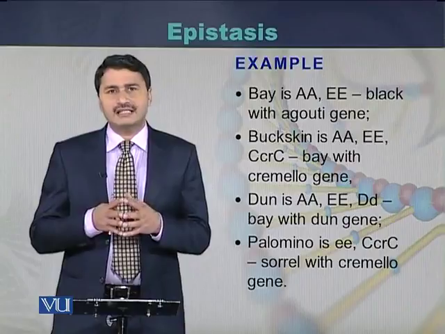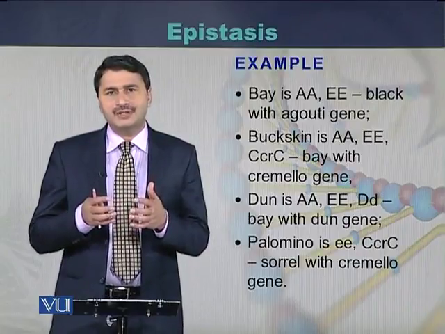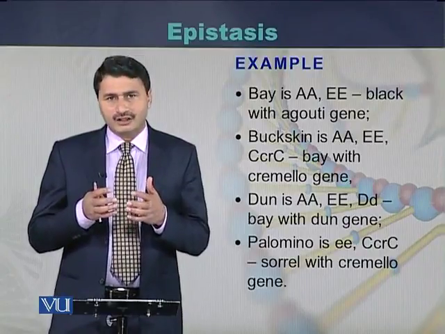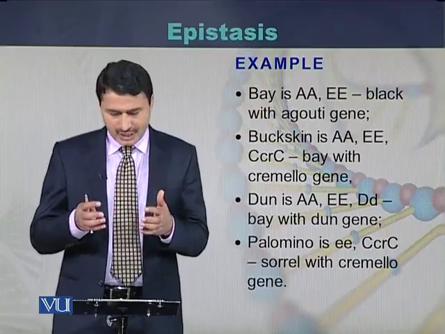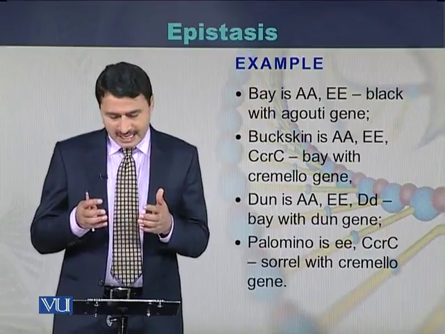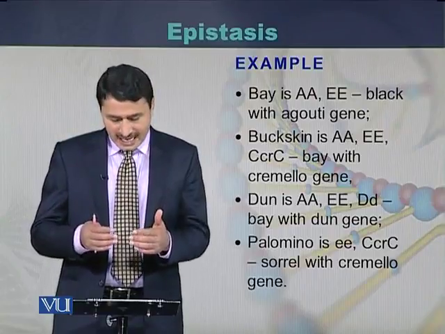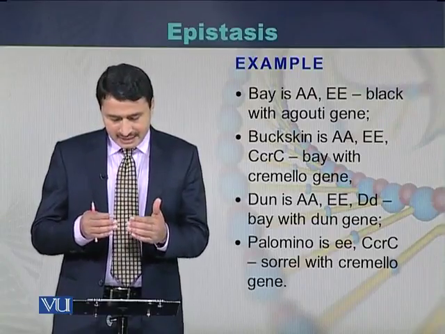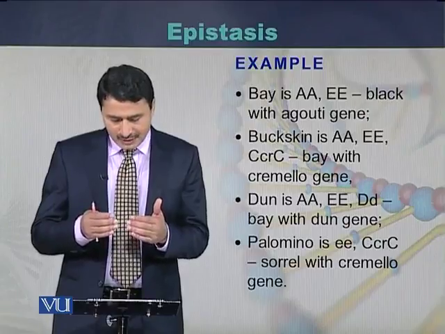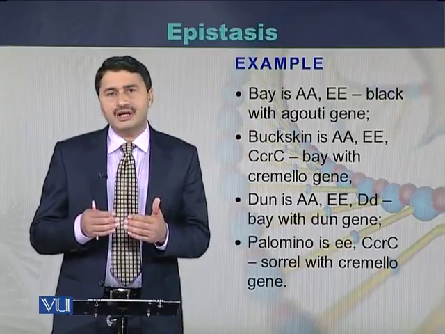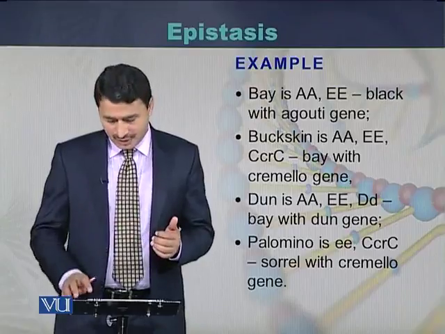Here we can see all the genotypes which are responsible for coloration in horses. Bay is AA and EE, black with the agouti gene, and like buckskin, then dun, then palomino; these are all different colorations in horses.